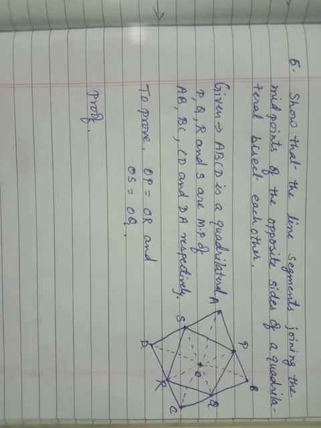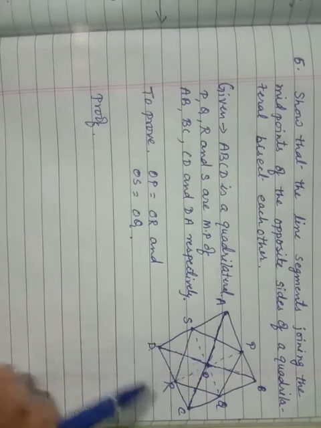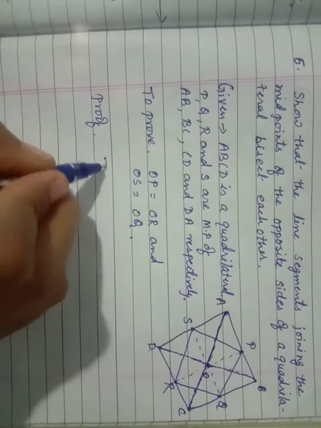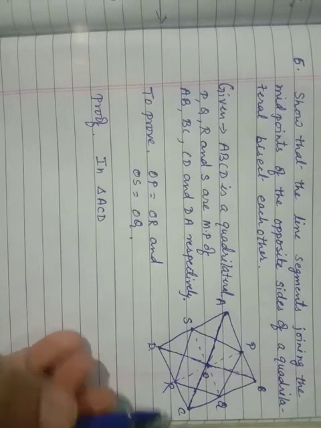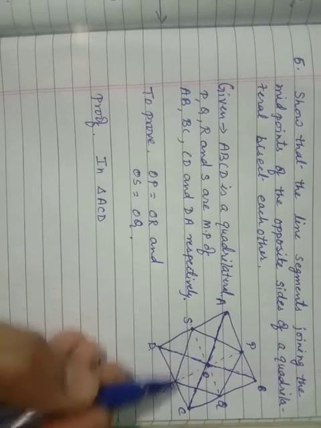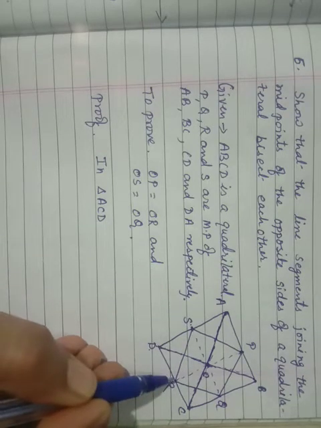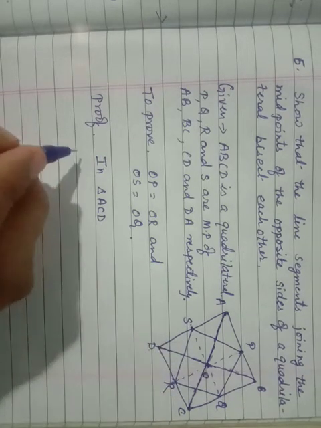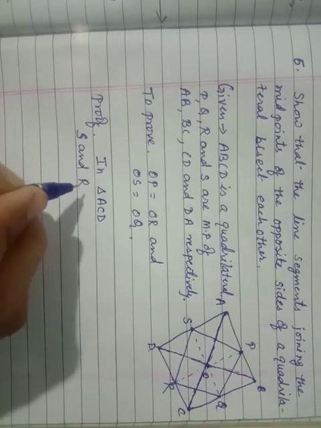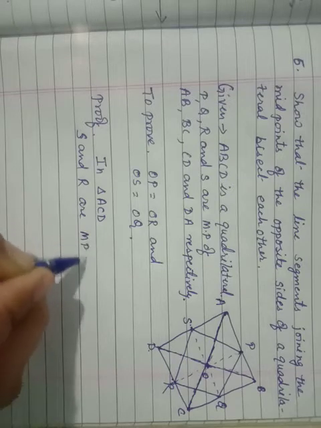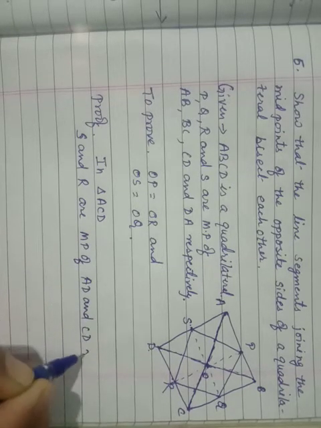Okay, so one by one we consider triangles. First of all we are considering triangle ACD. In triangle ACD you can see that S and R are midpoints of the sides. So we'll write S and R are midpoints of AD and CD respectively.